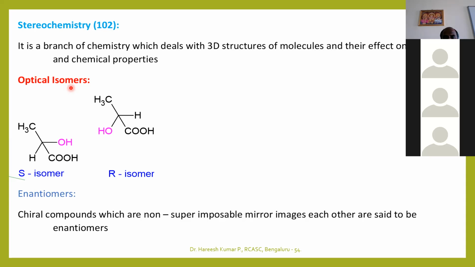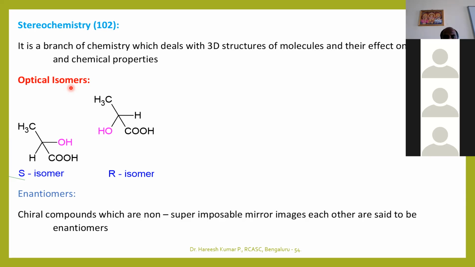That can be converted into plane, one-directional light by using a Nicol prism. So the Nicol prism is a polarizer. When ordinary light is passed through a Nicol prism, you will get one-directional light.